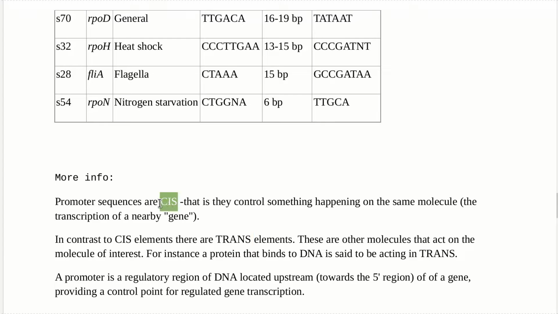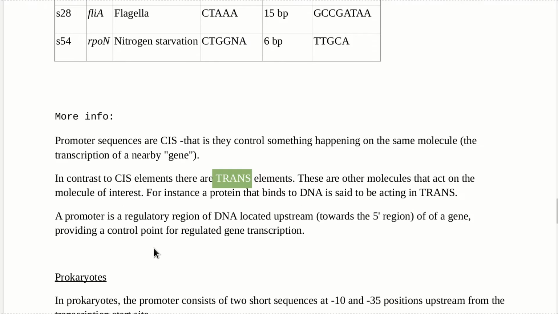Cis is something on the DNA that needs to be there for the trans element to act on. So your TATA box is cis to your gene. Your RNA polymerase is trans to your gene. You need to get this kind of thinking in your head on how this works, because you use cis and trans.